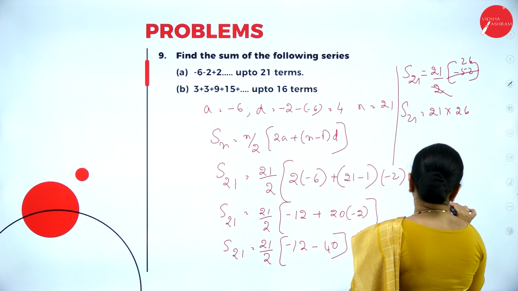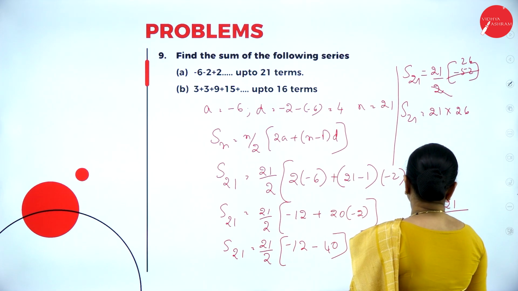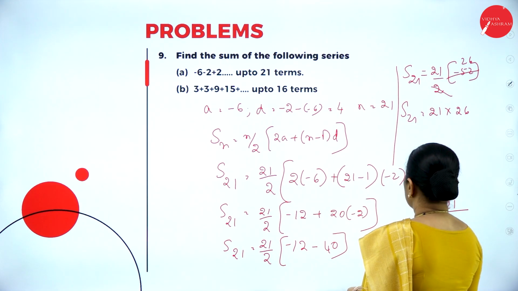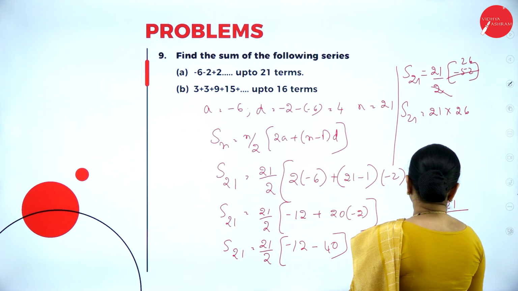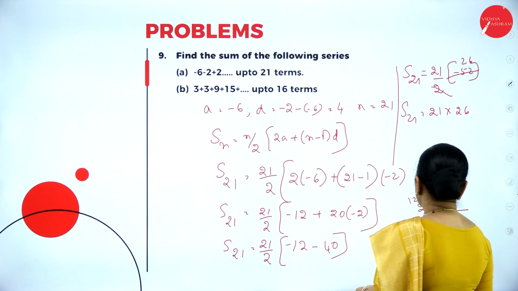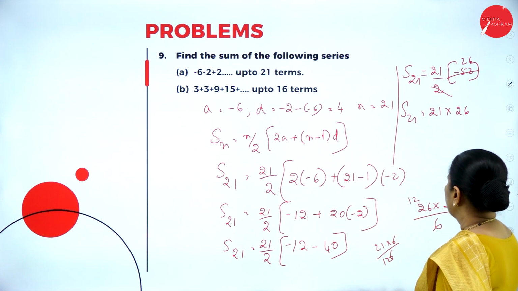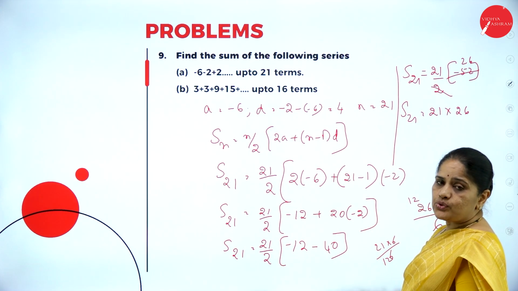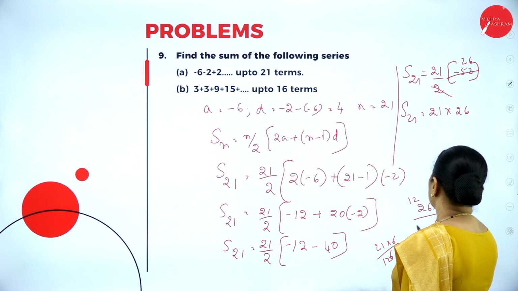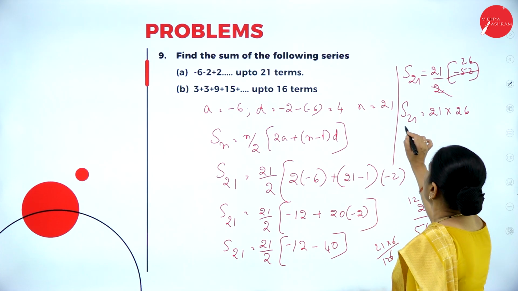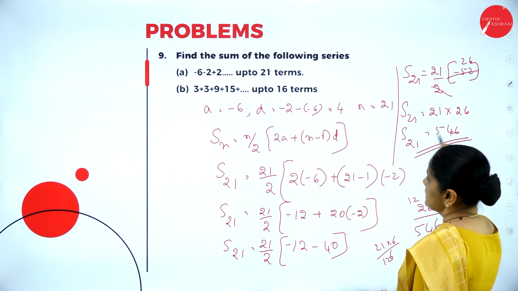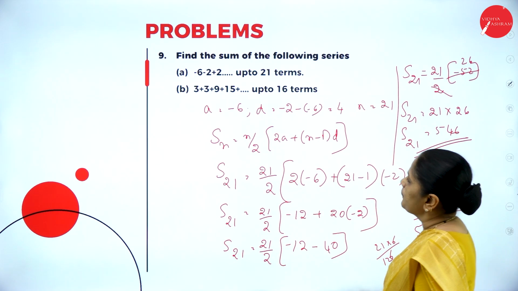So when we multiply this, 46 into 21: 21 into 6 is 126, 21 into 40 is 840, and adding them gives 966. So S21 equals 966. That is the answer.